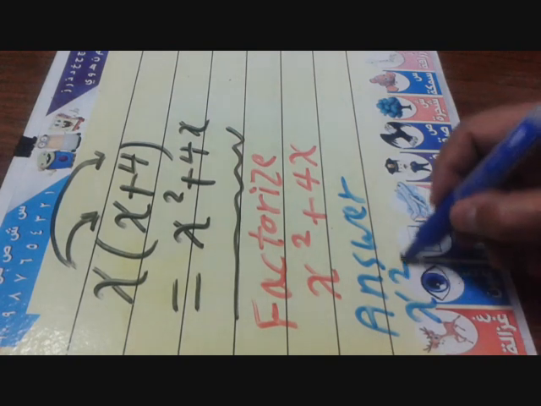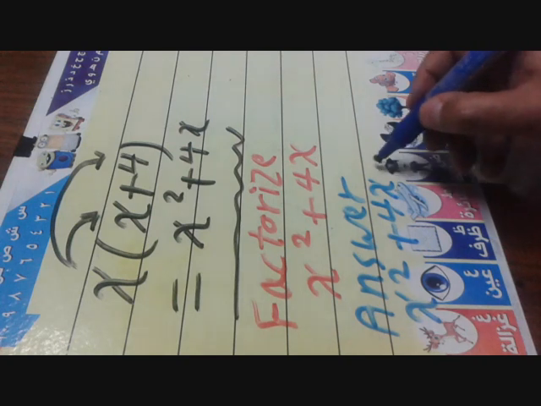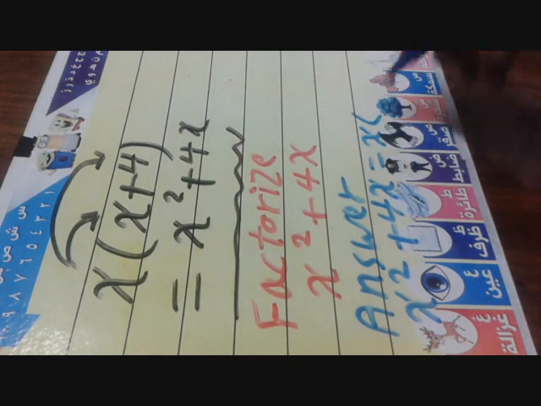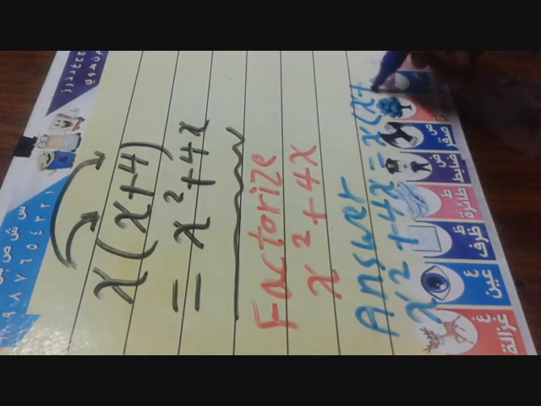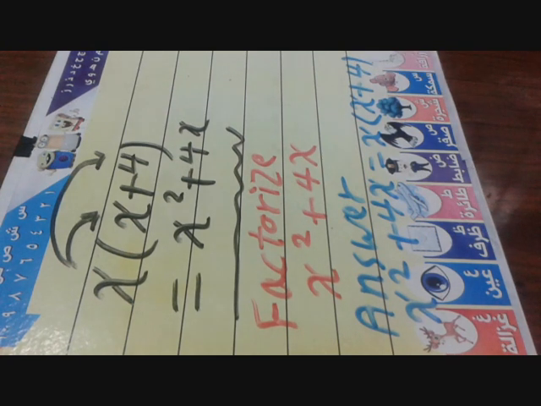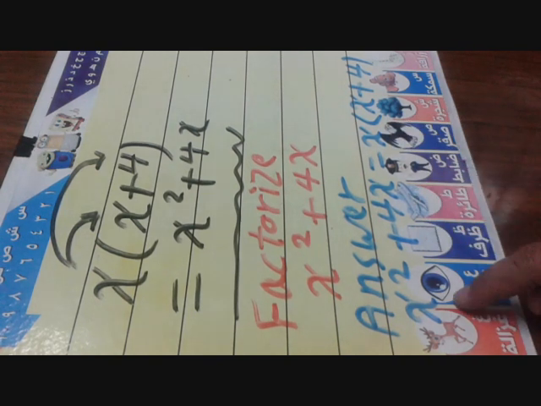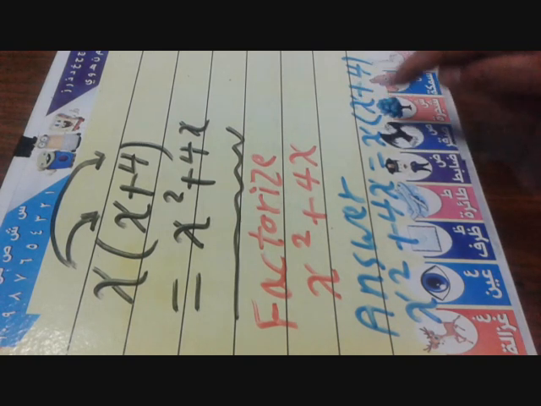Answer: x square plus 4x equals x times x plus 4. According to x is the common factor. X is the common factor of this and this. Put the common factor outside the bracket.